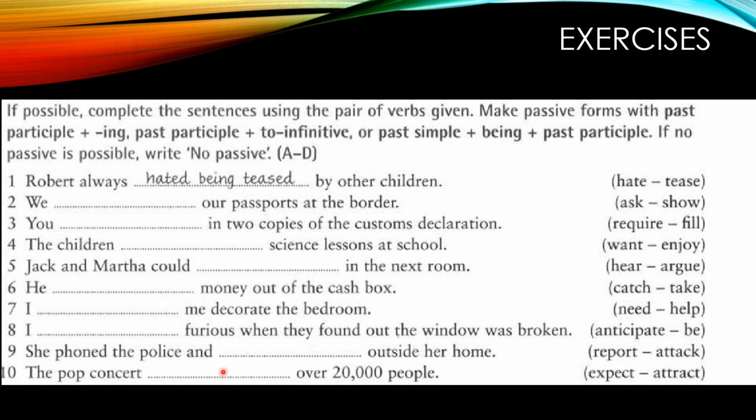In this exercise, you have to, if possible, complete this sentence using the pair of verbs given. Make passive forms with past participle plus ing, past participle plus to infinitive, or past simple plus being plus past participle. If no passive is possible, write no passive.